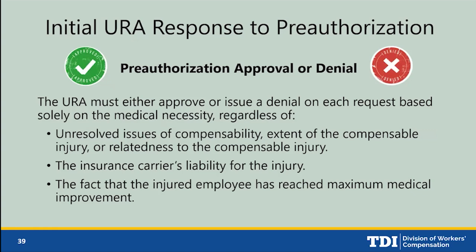Even if there's an extent of injury dispute notice on file, that would be a DWC PLN-11 form, they only have to give their opinion about whether or not it's medically necessary. Another example would be if the injured employee has reached maximum medical improvement, they can still receive medical services after, again, as long as it's medically necessary. So utilization review is about medical necessity, period.